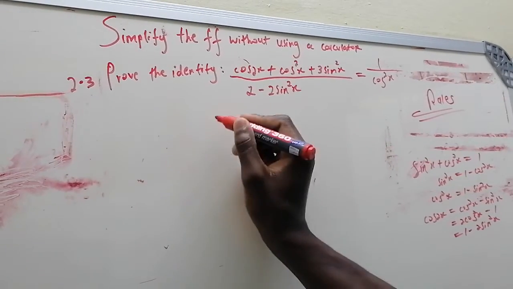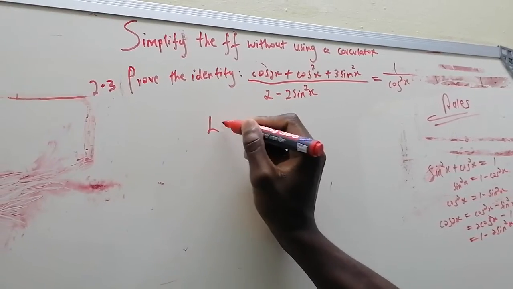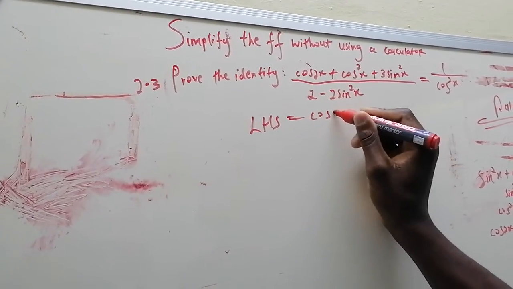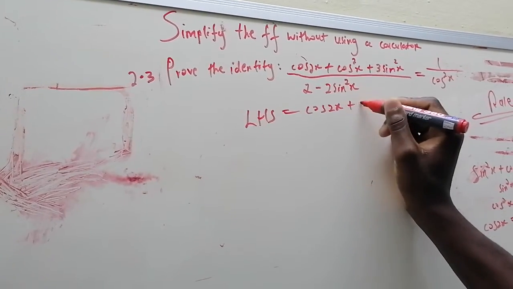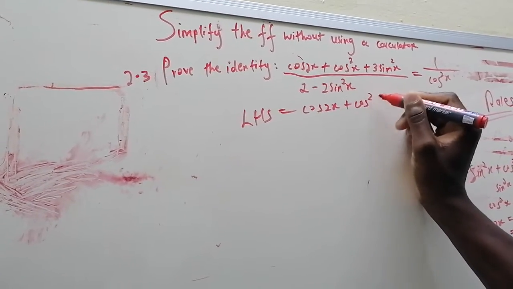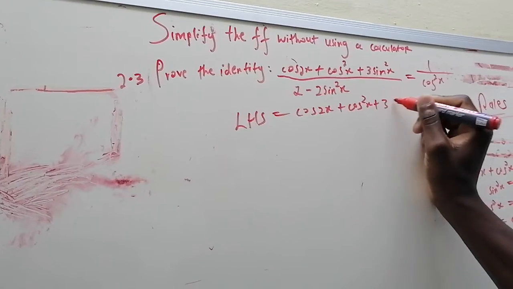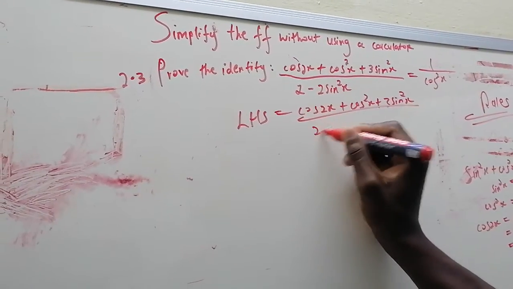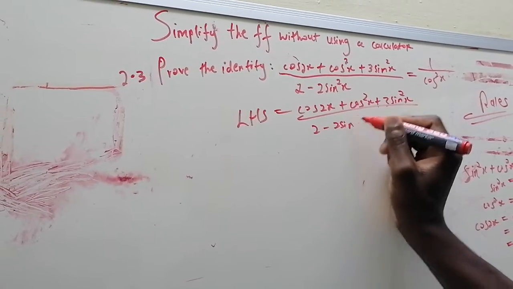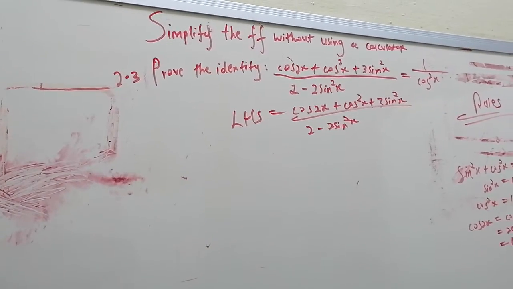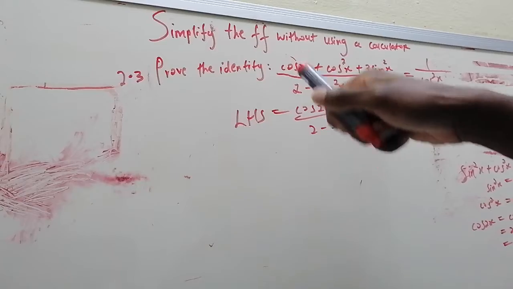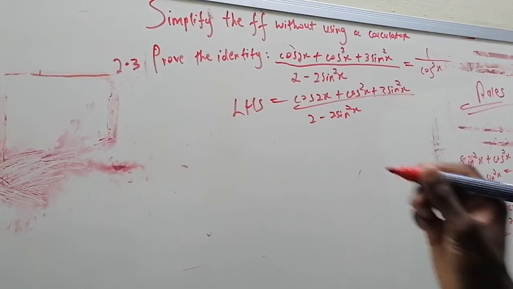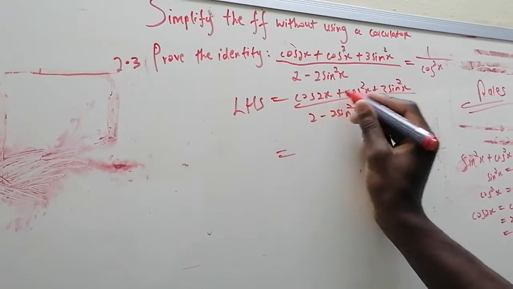So to solve this problem, the left hand side is cos 2x plus cos squared x plus 3 sine squared x all over 2 minus 2 sine squared x. We prove that this left hand side is equal to the right hand side, which is 1 over cos squared x.